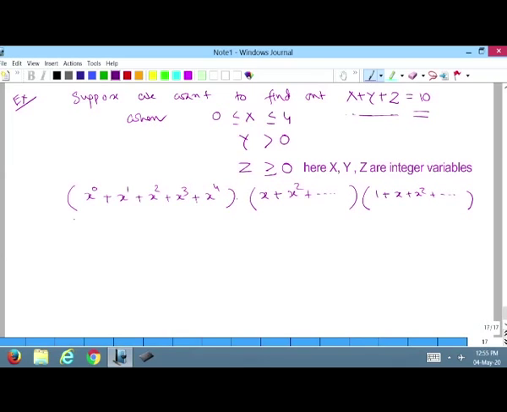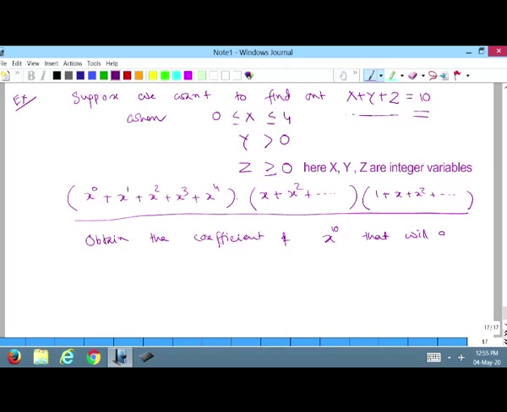The theory is that if we compute the product and obtain the coefficient of x to the power 10, that will give the number of possible solutions to the problem.